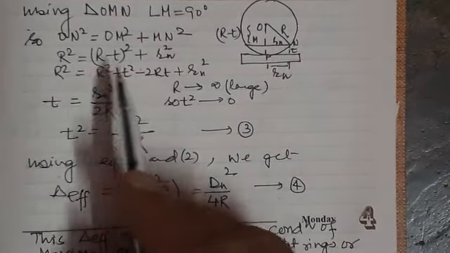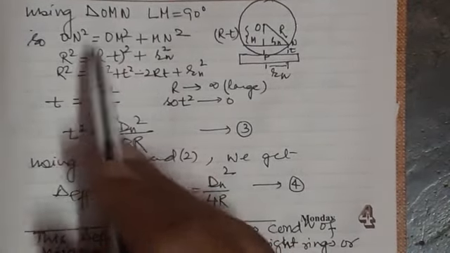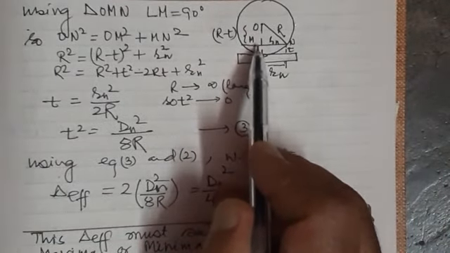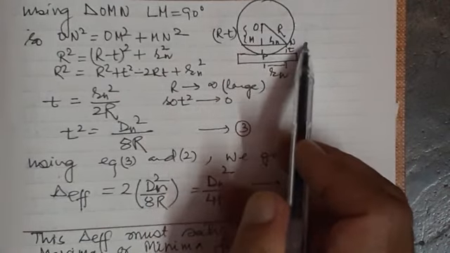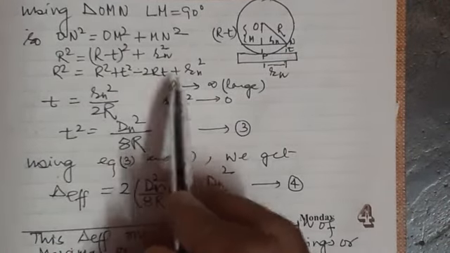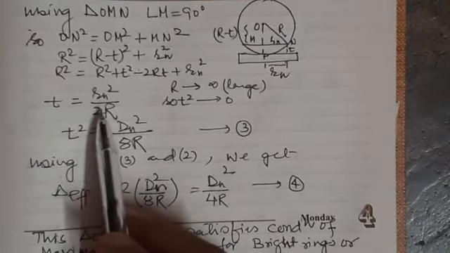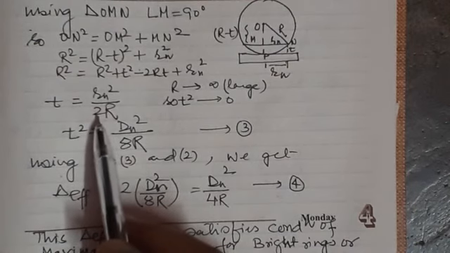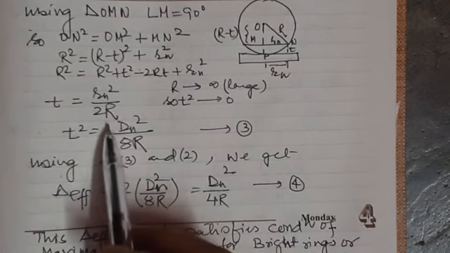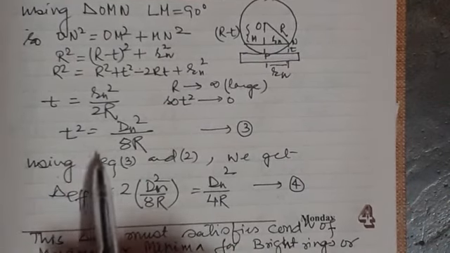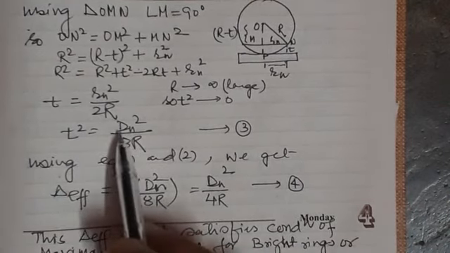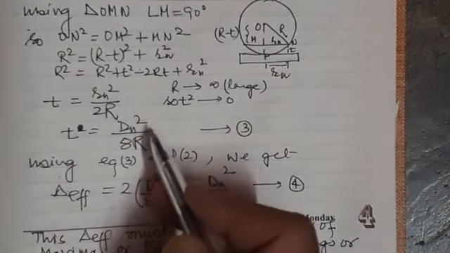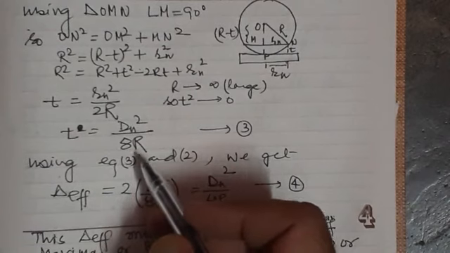So using Pythagoras relation, ON square must be equal to OM square plus MN square. Substituting the values, we get the value of t is equal to rn square over 2R. That can also be written in terms of the diameter. Sorry, this is t. t equals dn square over 8R.